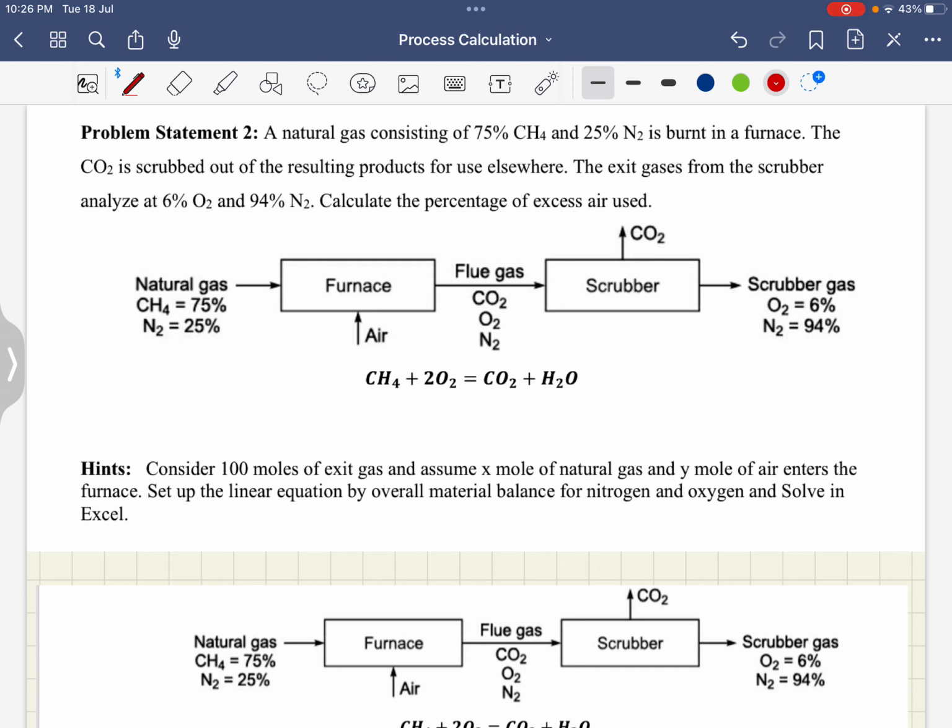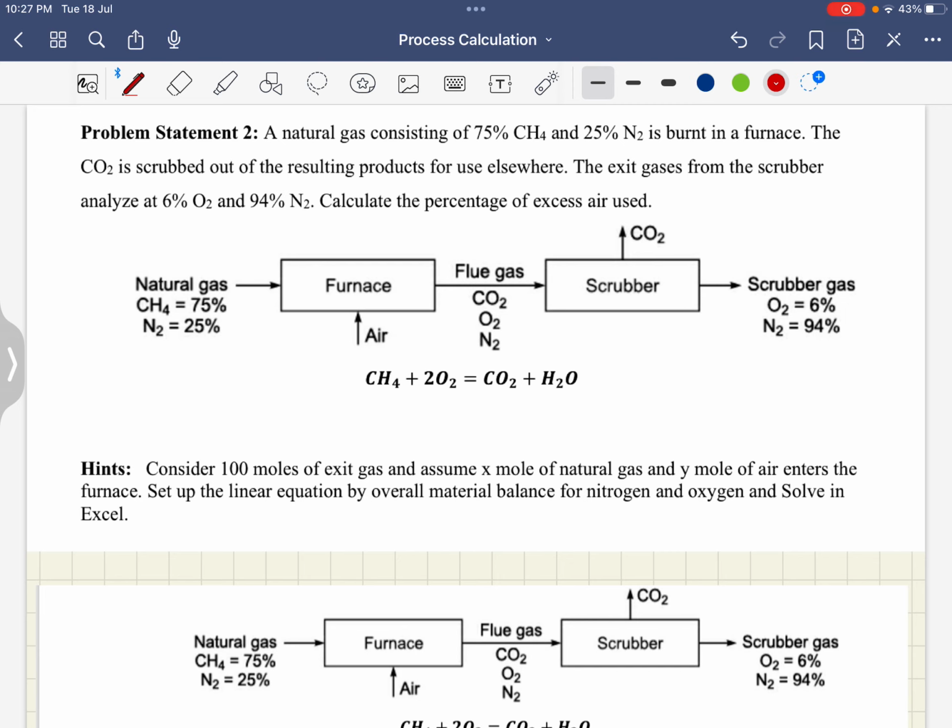That will produce flue gas. The flue gas composition is carbon dioxide, oxygen and nitrogen, and then that flue gas will enter the scrubber, where the carbon dioxide is scrubbed out, and the remaining gas leaves as scrubber gas. Here in the scrubber gas, oxygen is 6% and nitrogen is 94%.